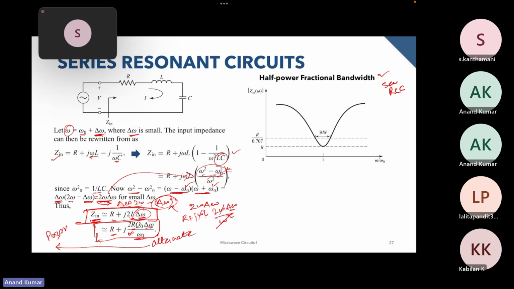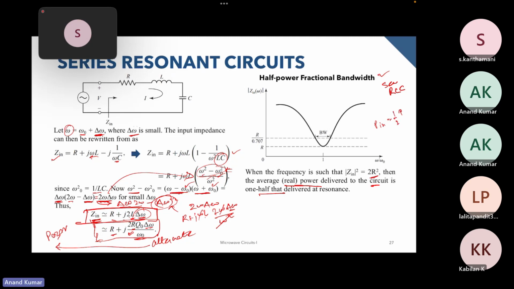And if you look at the expression for power, at Zin square equal to 2R square, the average real power delivered to the circuit will be one half of that delivered at resonance.